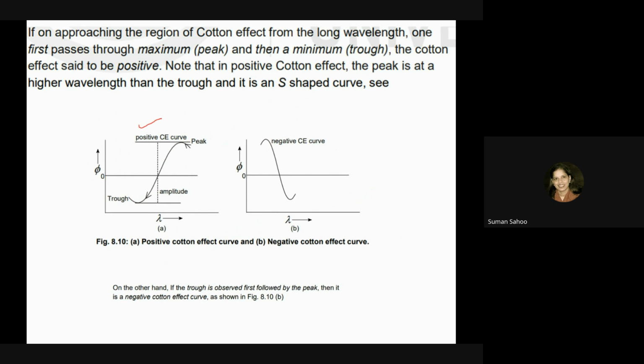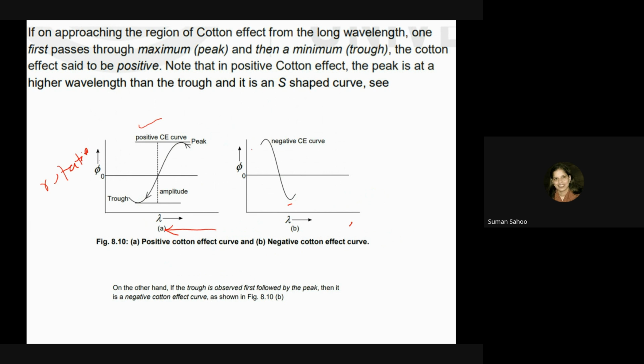But in the other case, also with the decrease in wavelength, as it is written here, decreasing in wavelength, when we are going in this direction, this is increasing in wavelength, and this denotes your optical rotation. So while you decrease your wavelength, first it passes through a minimum, then it goes through a maximum.